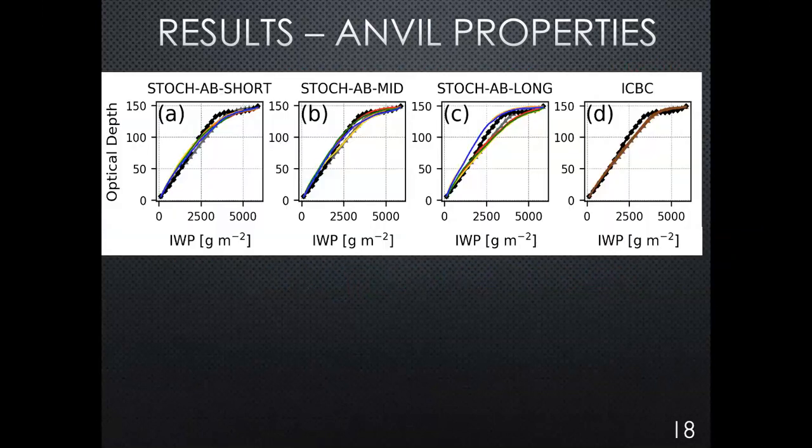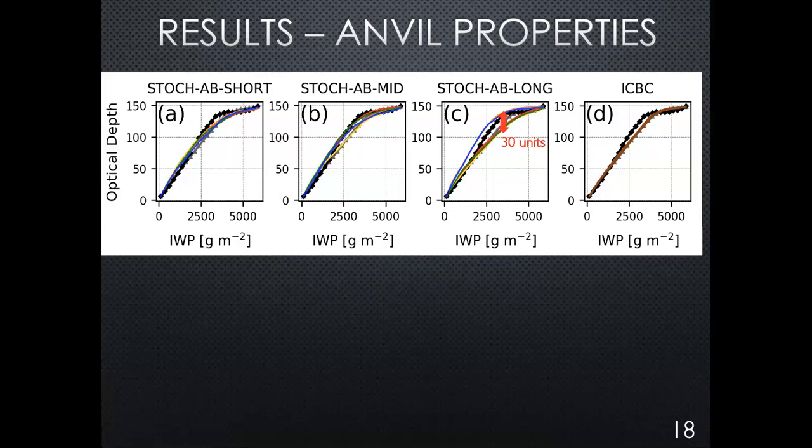So here, this is done by looking at the average optical depth for fixed bins of ice water path. And we see that for the longest autocorrelation scale, there is a spread of about 30 units at its maximum in the optical depth for the same ice water path.